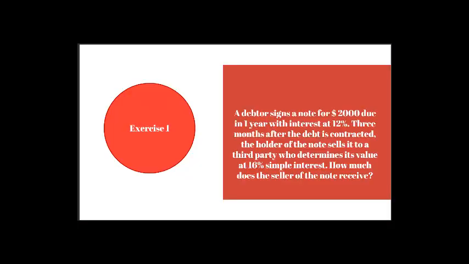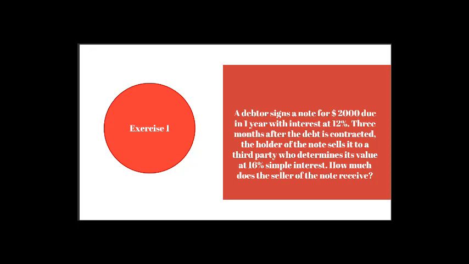Look at this exercise. A debtor signed a note for $2,000 due in 1 year with interest at 12%. This means that this note is a commercial note, an interest bearing note. We need to get the amount of $2,000 after 1 year.